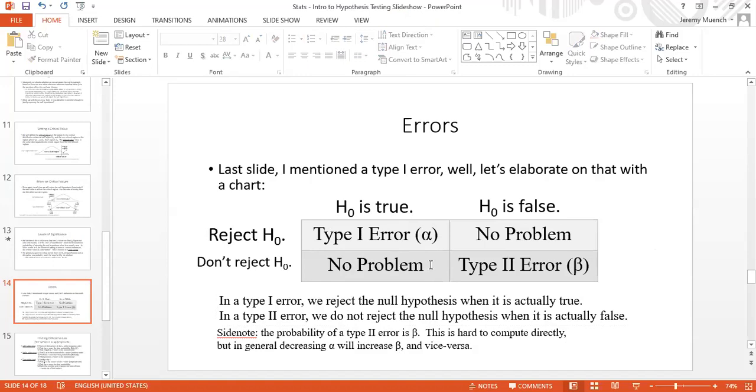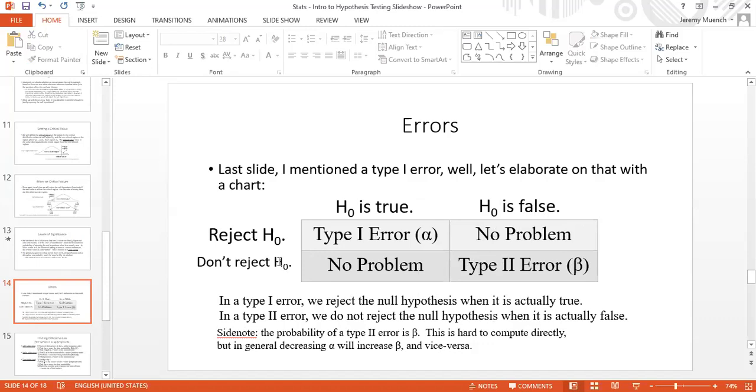Continuing with the courtroom metaphor here, if it turns out that the defendant was in fact guilty of whatever they were convicted of, if we reject the null hypothesis, that would mean we're finding them guilty when they are. So no problem, working as intended. And that's the last one we haven't talked about yet: we don't reject the null hypothesis, even though with all information we would find it was false.